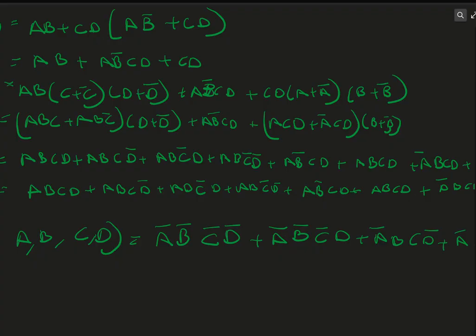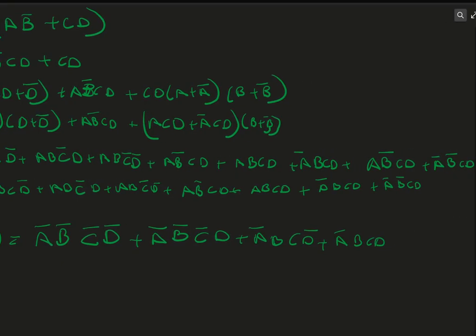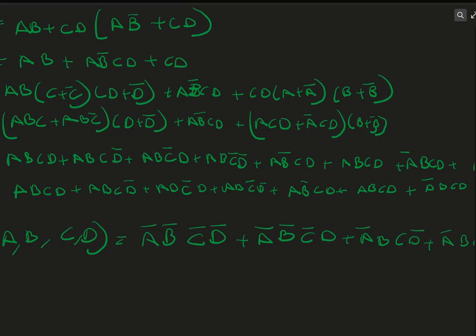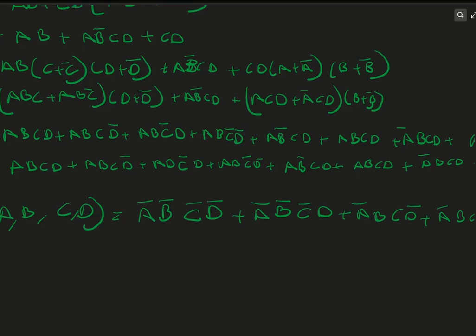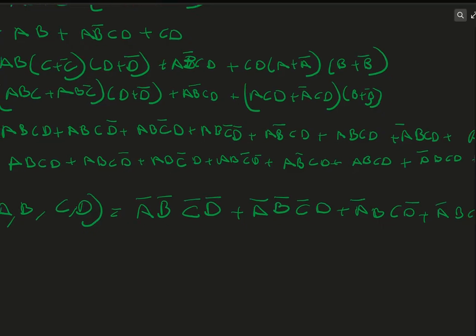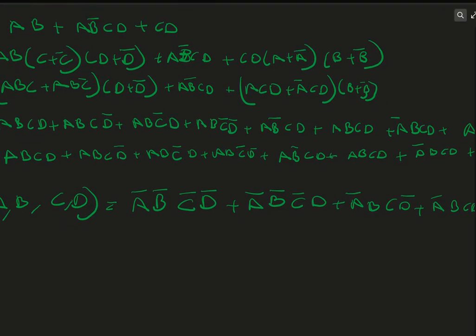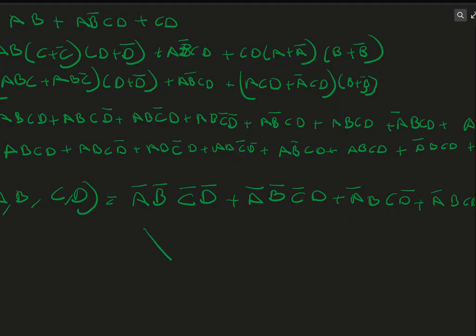So it's going to be a sum of products. For this, we need to do the K-map. K-map is easier, in my opinion, than a truth table.